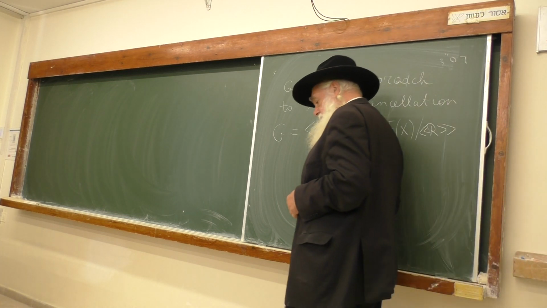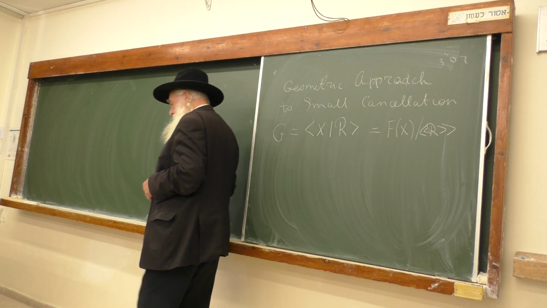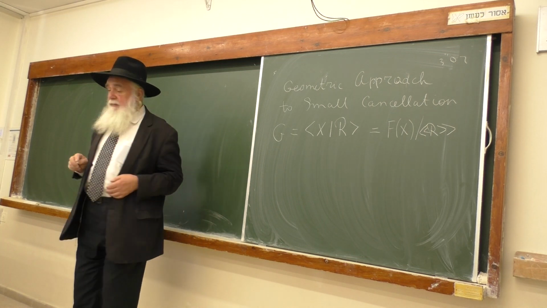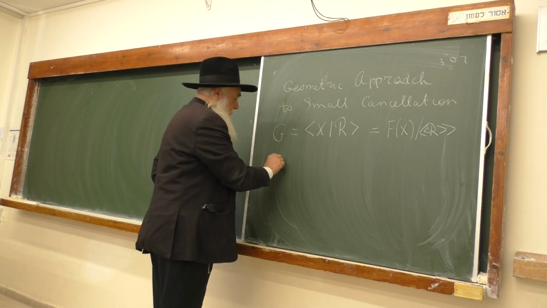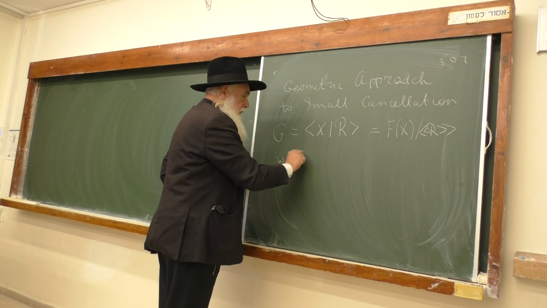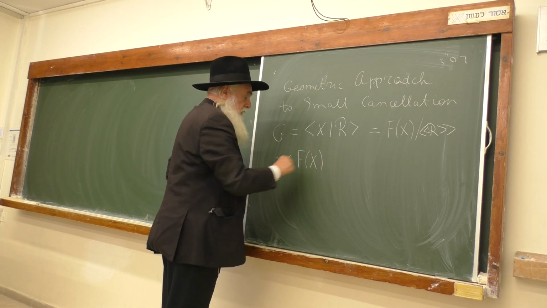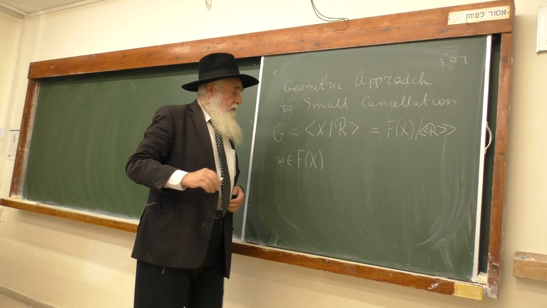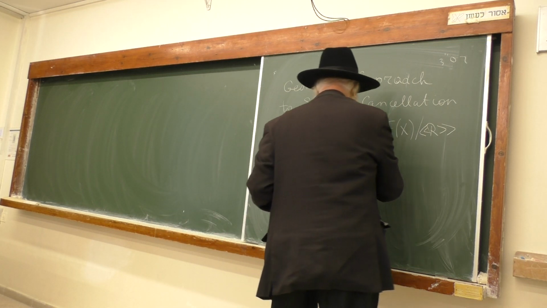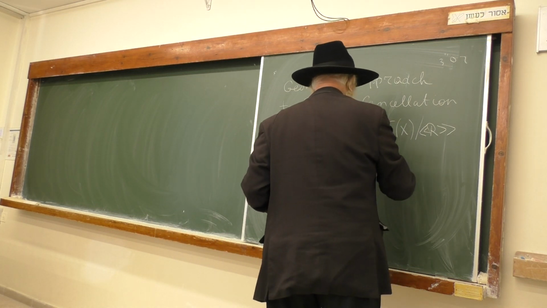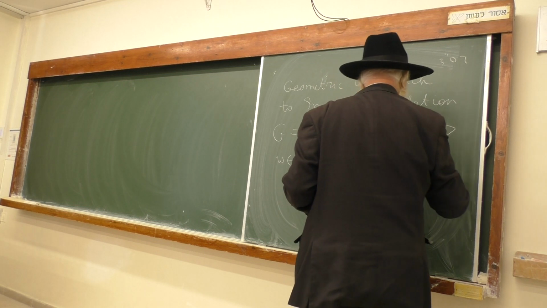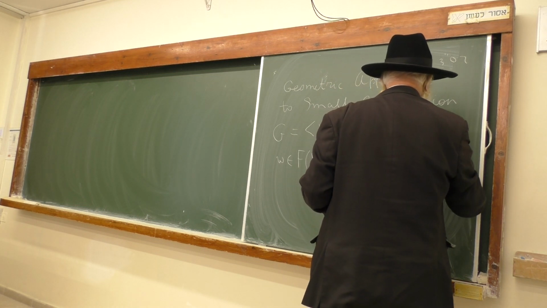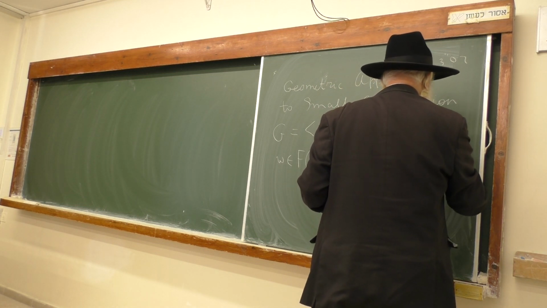So one can ask the question: if we have a word W in the free group, when does W belong to the normal subgroup generated by the set of relators?